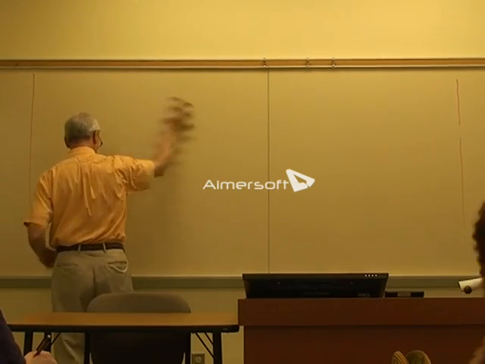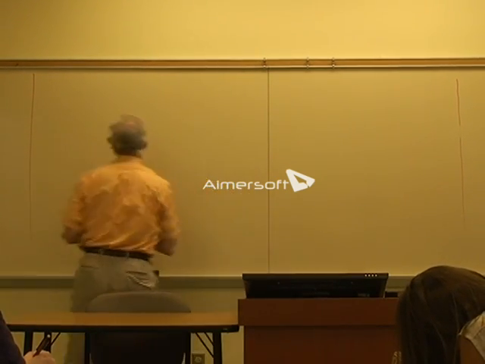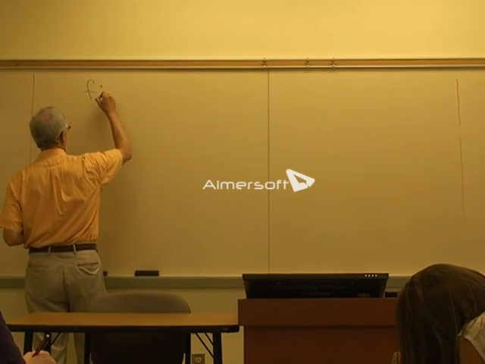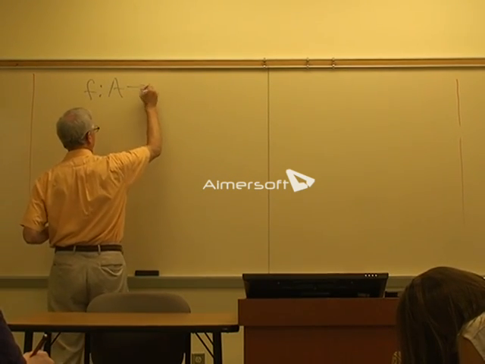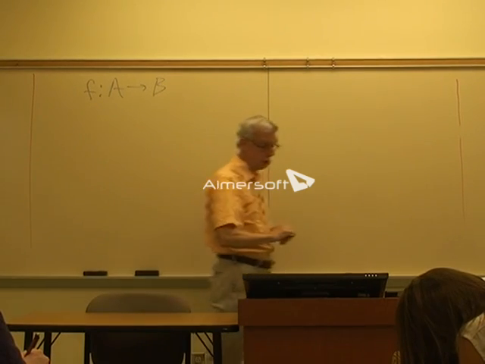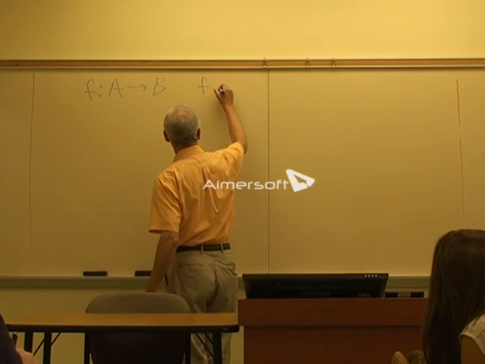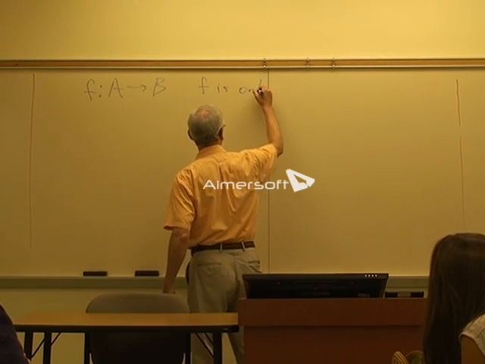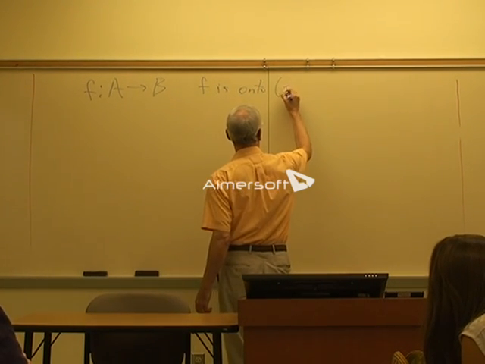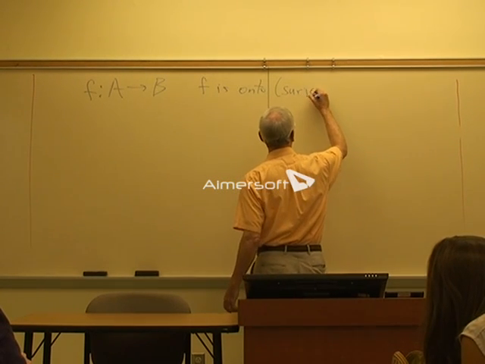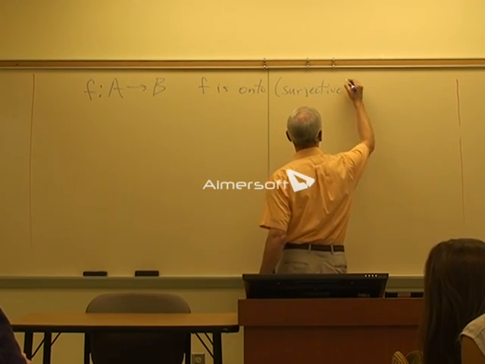So I'm going to get my original definition back here. I have a map that goes from the set A to the set B with some appropriate definition. We say f is onto, also known as surjective, and you'll be responsible for both terms.